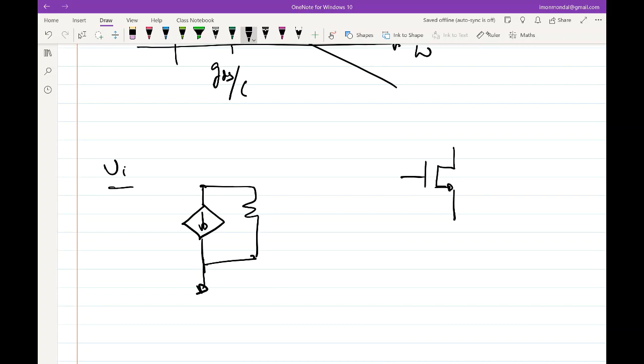If I only bothered about DC gain, the DC gain of this is GM by GDS. And if I have to go higher and I want to keep the same GM, which means that I have to reduce GDS or increase the output impedance, right? So essentially the output impedance here, R0, is 1 over GDS.